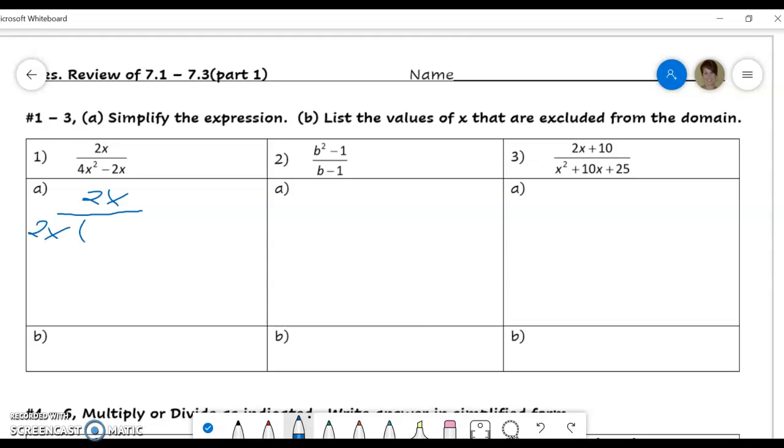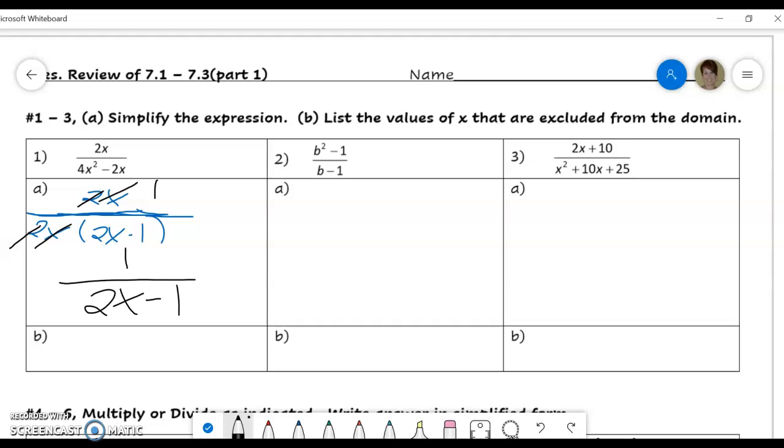So we are left with 2x minus 1. So we have our numerator and we have our denominator. A 2 divided by 2 is 1, and x divided by x is 1. Remember, you're left with a 1 on top. So your final answer, I'm sorry, is 1 all over 2x minus 1.